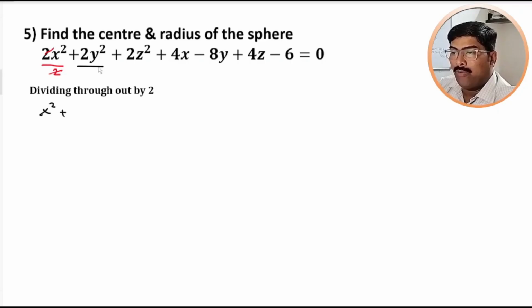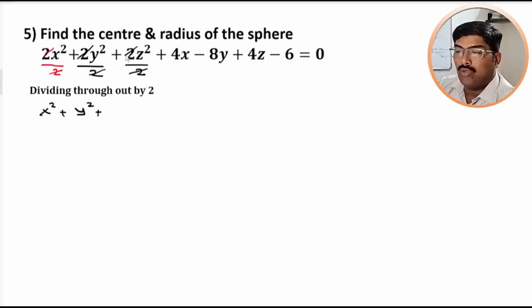Similarly, you have to divide the second term by 2, the 2 and 2 cancel, and you will get y square plus. You have to divide the coefficient of z square by 2, so the 2 and 2 cancel, and you will get z square plus.